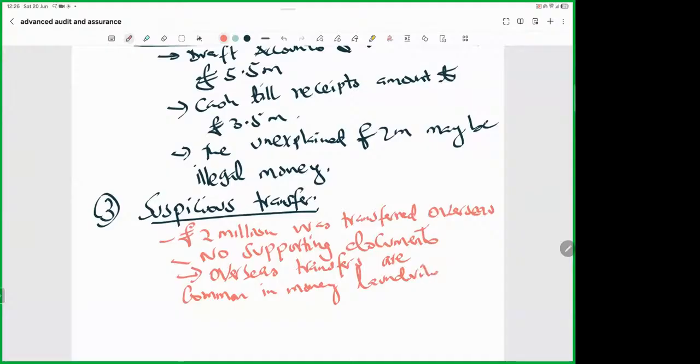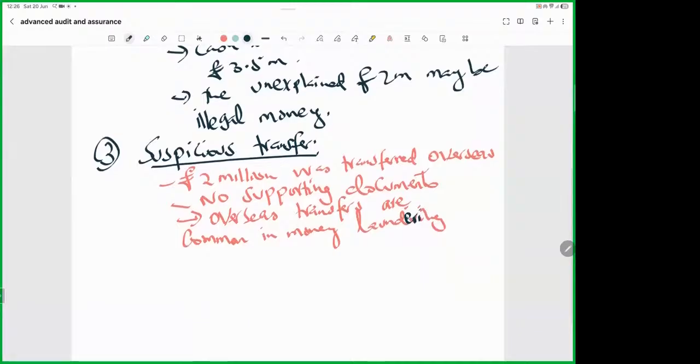I know so many friends of mine, because I'm in audit, I'm so much privy to some great information of people who are currently opening accounts for their businesses in tax havens, like Panama, Cayman Islands. And then they keep on wiring their profits to those countries, basically to hide.